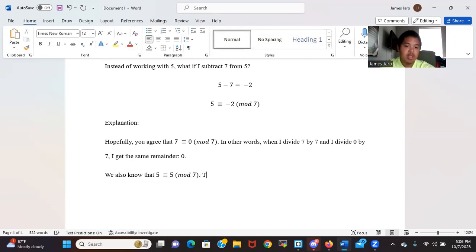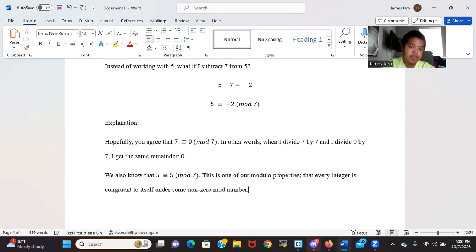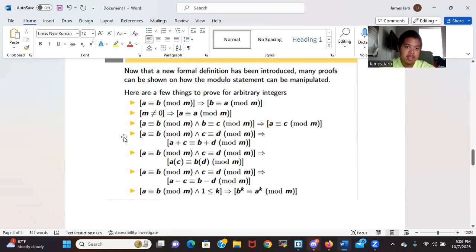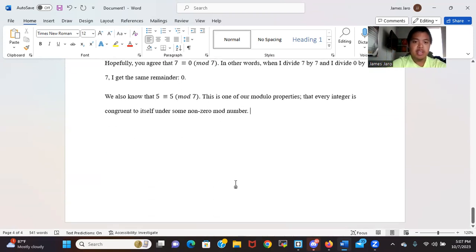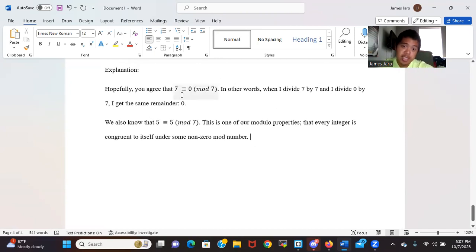This is one of our modular properties: every integer is congruent to itself under some non-zero mod number. In other words, if m is non-zero, then a is congruent to a mod m, that second property.